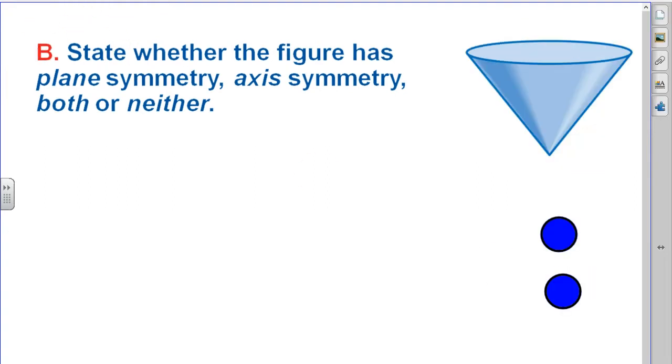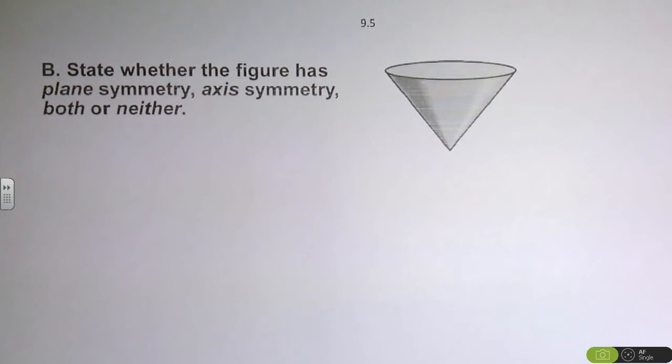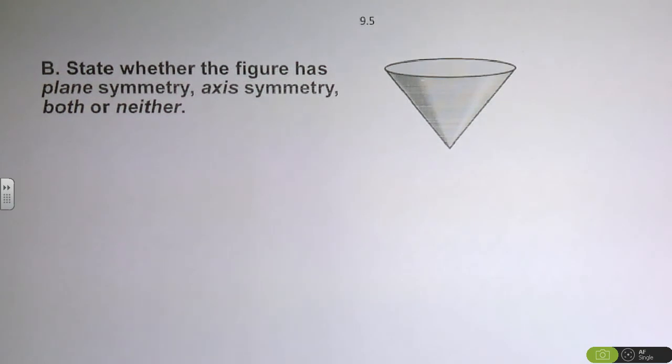Okay, next example then, a cone. And the question is, does this have plane symmetry, axis symmetry, both, or neither? Okay, so looking at this one, it doesn't matter where you start if you try to think for plane or axis symmetry.